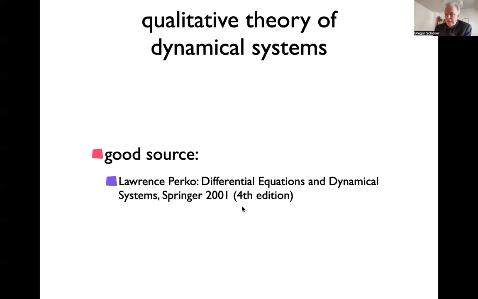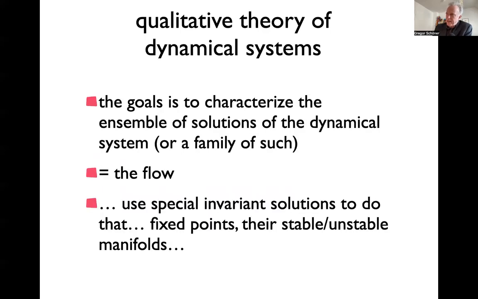Well, I'll tell you a little bit about what the qualitative theory of dynamical systems is. That's really to characterize the ensemble of all solutions, sometimes called the flow of a dynamical system. That's done typically by looking at special solutions that constrain the flow, where you're then primarily interested in flows that are more or less equivalent to each other.